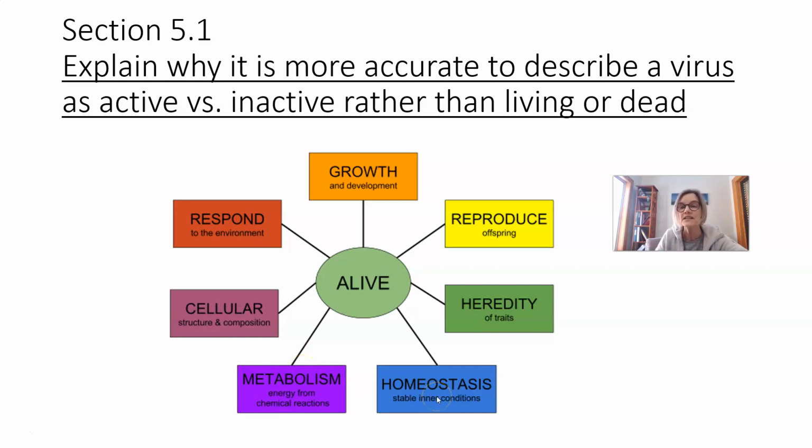It doesn't need to maintain homeostasis because its host cells are doing that for them. So they rely on their host for making their proteins, and any forms of energy that they use. Really, viruses only occupy a couple of these characteristics of life.